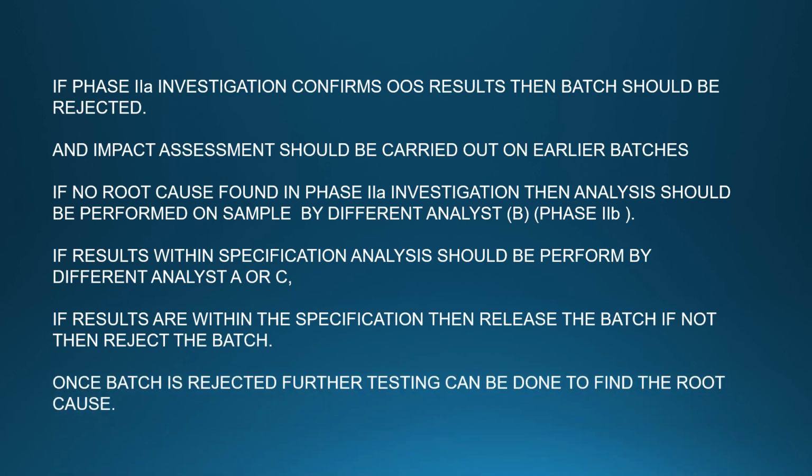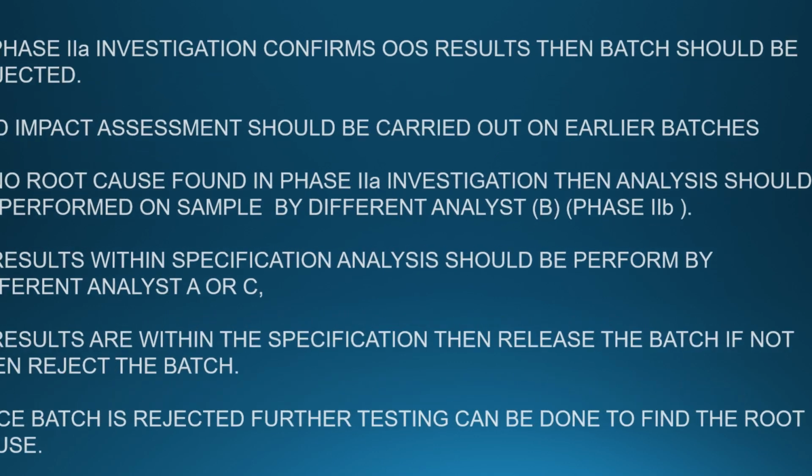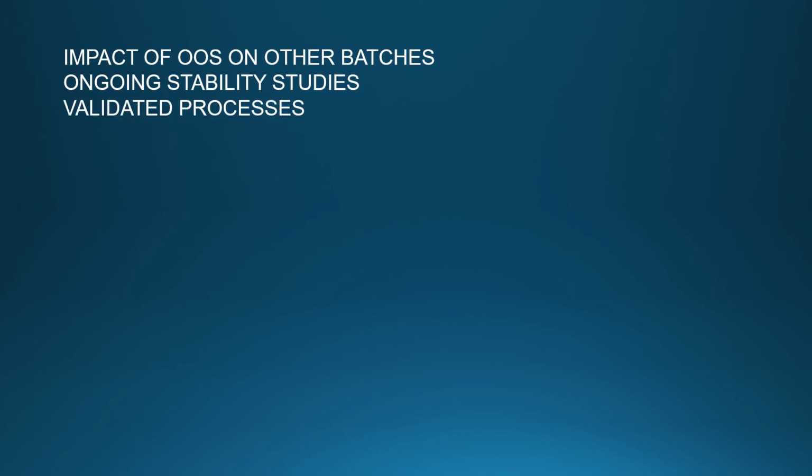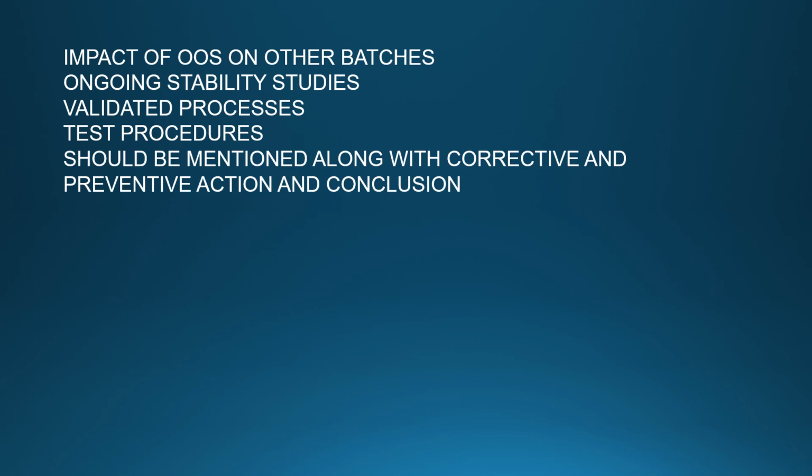Once the batch is rejected, further testing can be done to find out the root cause. The impact of OOS on other batches should include ongoing stability studies, validated processes and test procedures, which should be mentioned along with corrective and preventive action, and a conclusion should be mentioned.